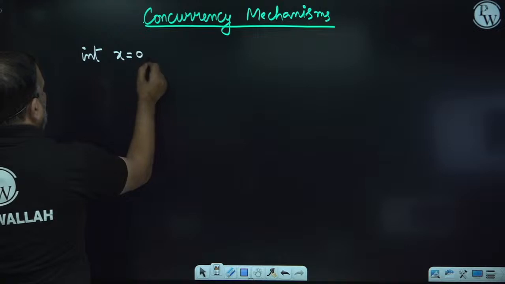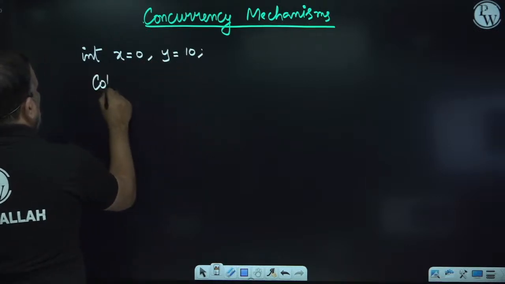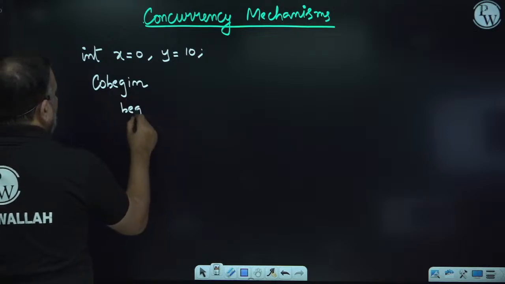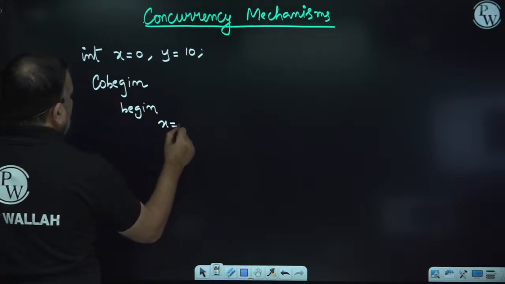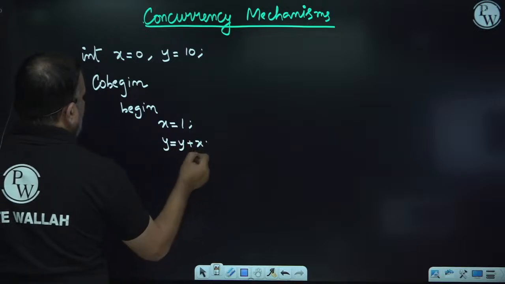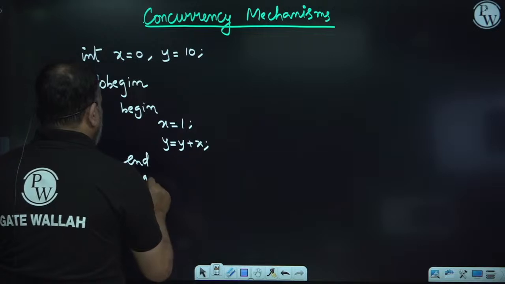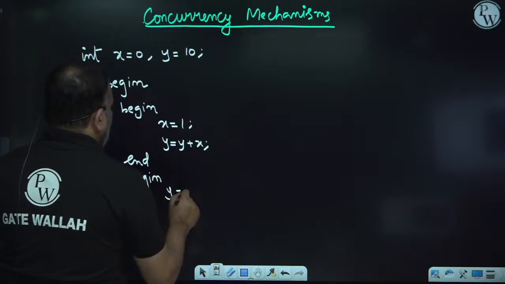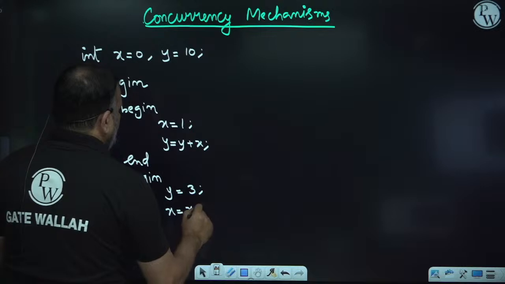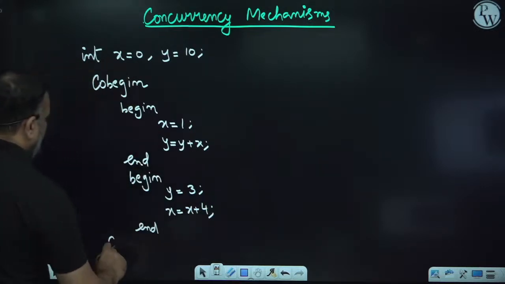Say I have variables x = y = 10, and I have a concurrent block like this: cobegin, begin, x = 1, y = y + x, end; begin, y = 3, x = x + 4, end; coend.